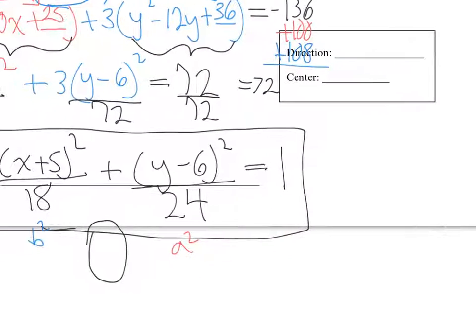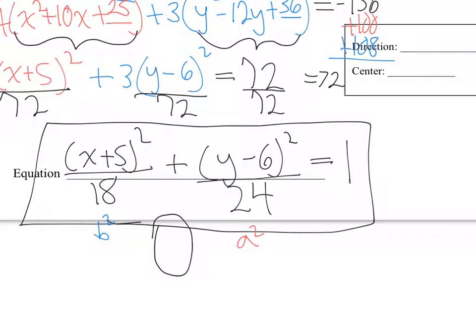We can answer that just by looking at this. We just answered it: this is going to be vertical, so we'll put that down as vertical. And the center, well, here's your h, there's your k, so it'd be negative 5, positive 6. And we are finished.